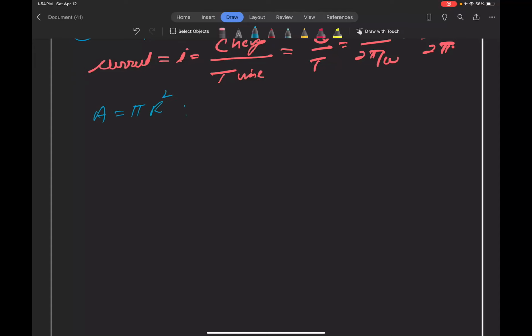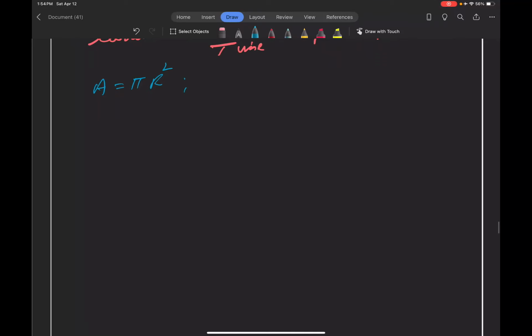Therefore the magnetic moment will be equal to m, that is our I a.